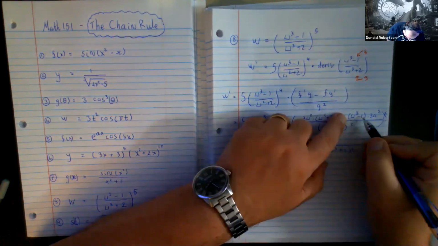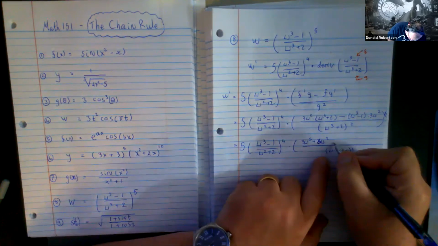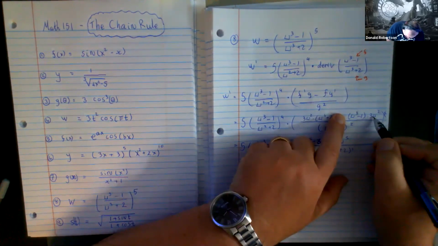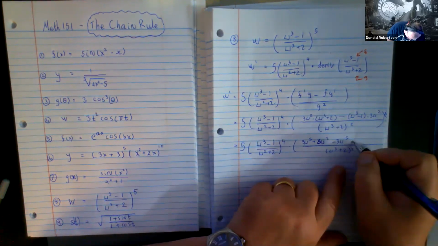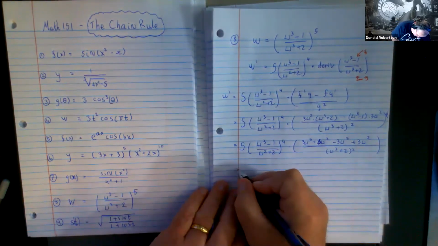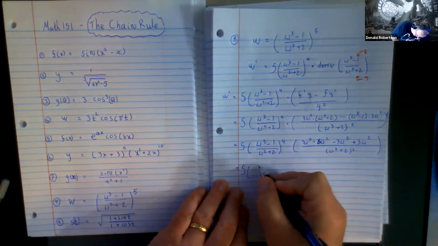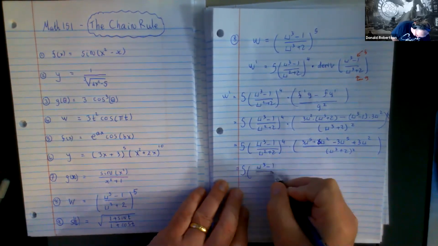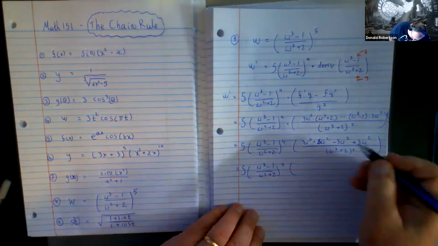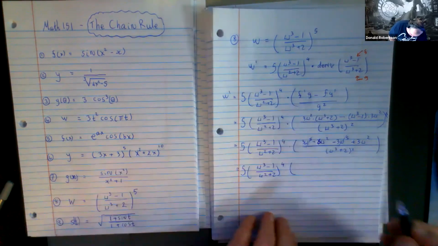This guy times this guy, and then you subtract it, gets you take away 3u to the 5. This guy times this guy is -3, but then you subtract it, you get that. They kill each other off, and you have 6u squared.